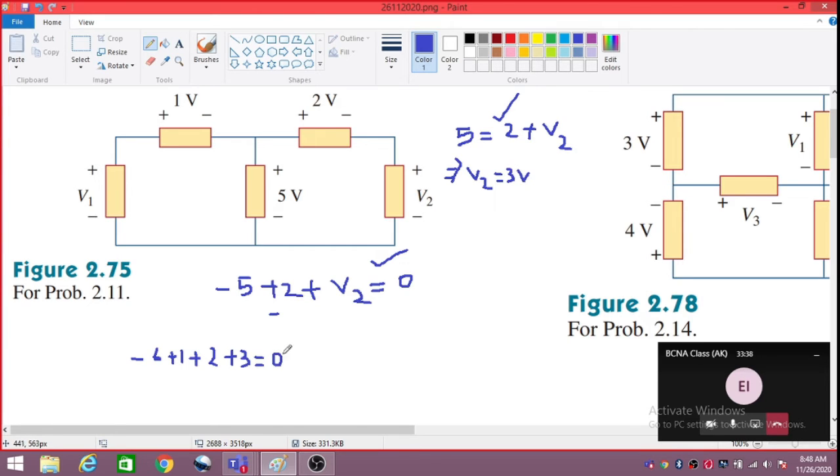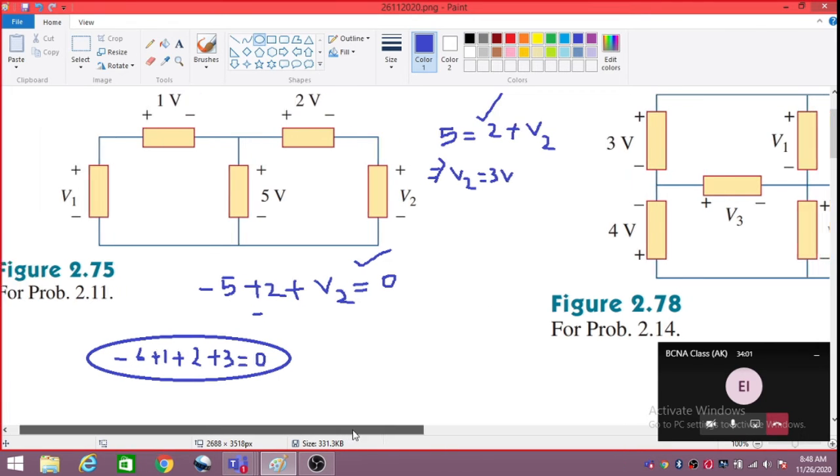Yes, it is equal to 0. Hence we have verified our results in the third loop also. In the third loop there is one voltage rise V1 and all the 3 others were voltage drops. So minus 6 plus 6 is equal to 0.